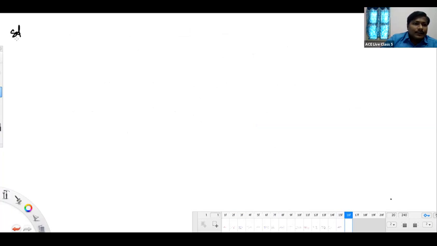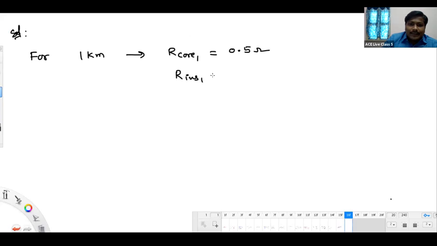For 1 kilometer length, the core resistance R core is 0.5 ohms, and the insulation resistance is 50 mega ohm. And for a length of 5 kilometers, consider the first as L1 length and the second as L2 length.